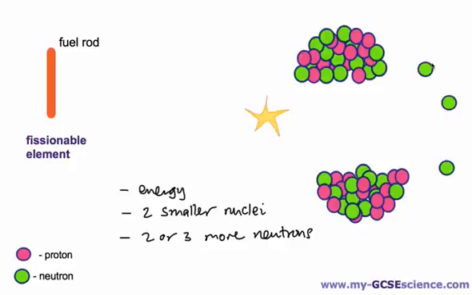So let's have a look at what that might look like in an overall reaction. We start off with our neutron as we did previously, and we can then slam that into a nucleus of a uranium or a plutonium atom, and as you can see we have energy released and 3 more neutrons. Now those neutrons can then go off and smash into 1 nucleus each themselves, and they will then release the energy, 2 smaller nuclei each, and then more neutrons.